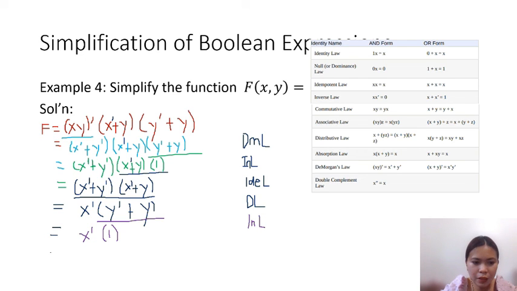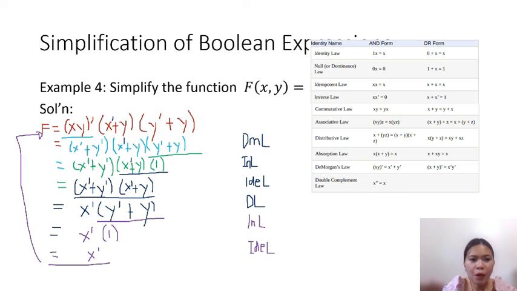And then, I can use the identity law and form so that the result here is not x. So this is identity. Okay, so this is now the simplified value of this Boolean expression. Okay, so that's how we simplify a Boolean expression using the shown identities here.